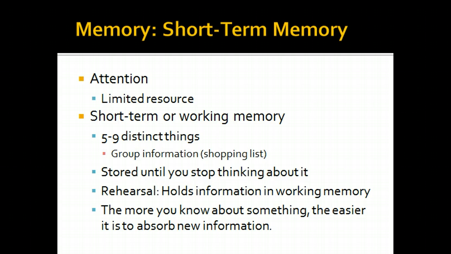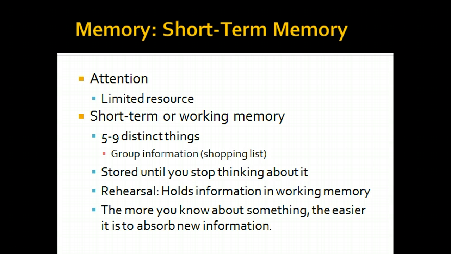In your short-term memory, you can usually remember about 5 to 9 distinct things. So a random list of, say, 5 to 9 things, perhaps on a grocery list. One way that you can enhance this is if you start grouping information. So for instance, if you have a list of things that you need for school and you have a whole bunch of things you have to remember, then maybe try grouping them by saying, well, what do I need for my math class?